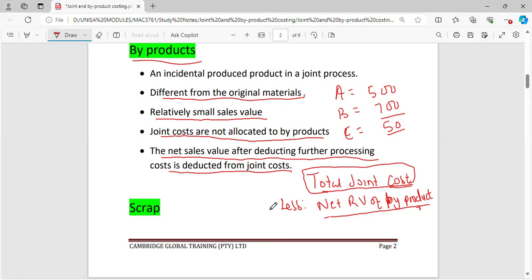So if the questions ask you to calculate the joint cost to be allocated to joint products, it means you should also take note of the byproduct. The byproduct, you are going to deduct the net realizable value of the byproduct from the joint cost. Then you will have your joint costs allocated to joint products.